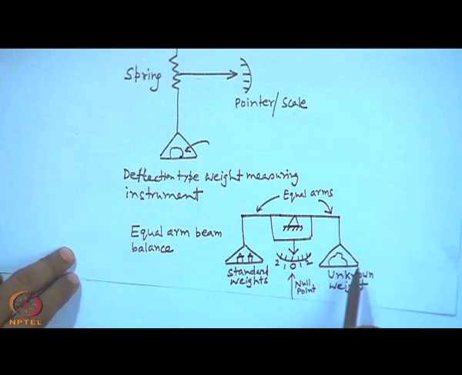The information about the weight of this unknown object can be measured directly by putting standard weights here and maintaining a null point here.